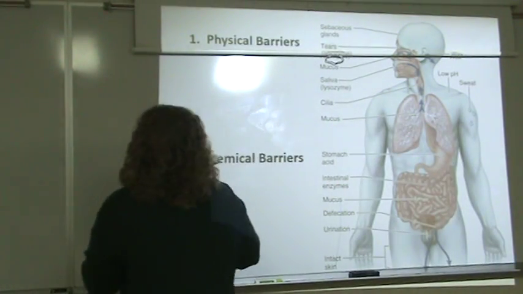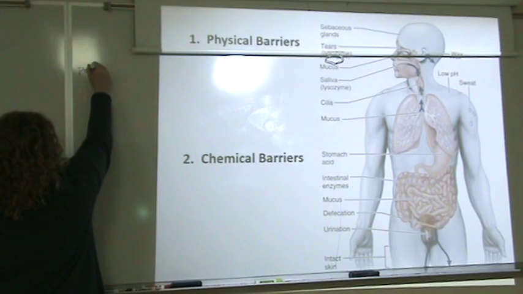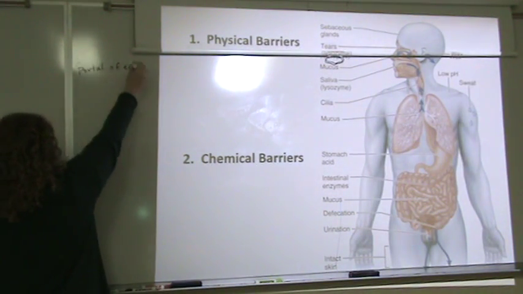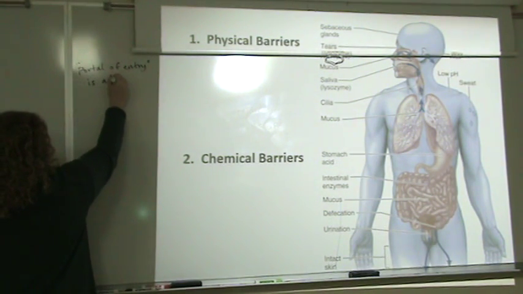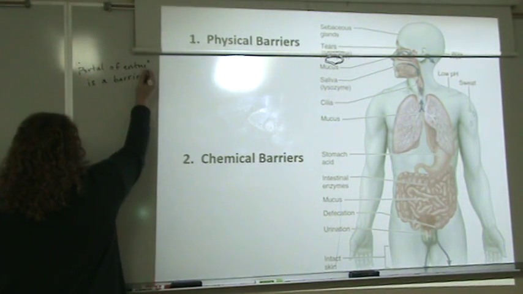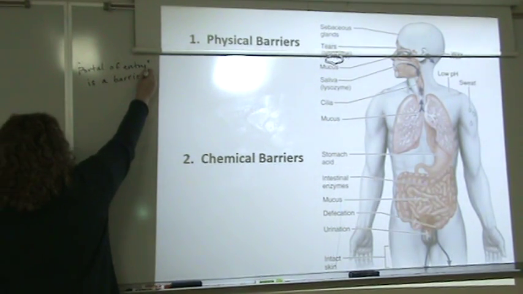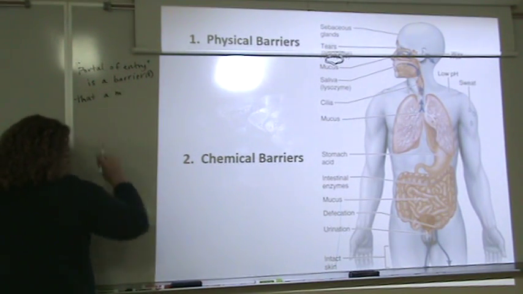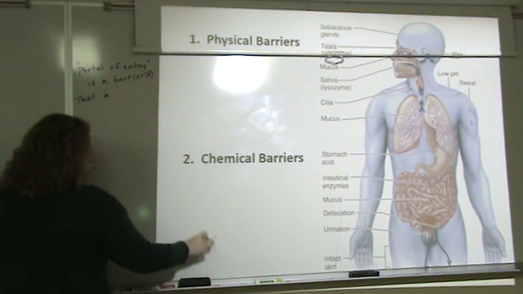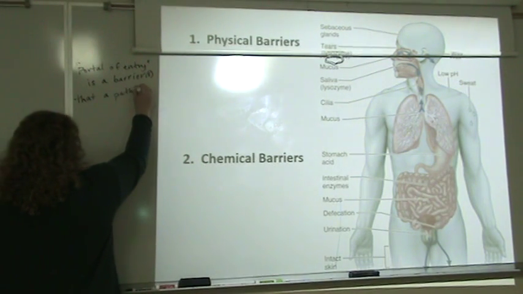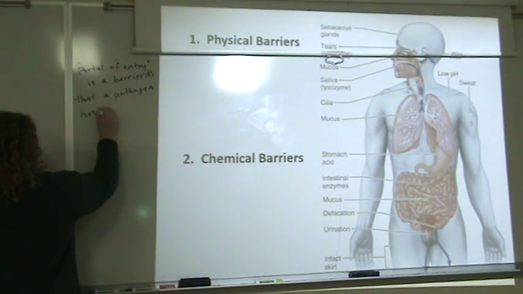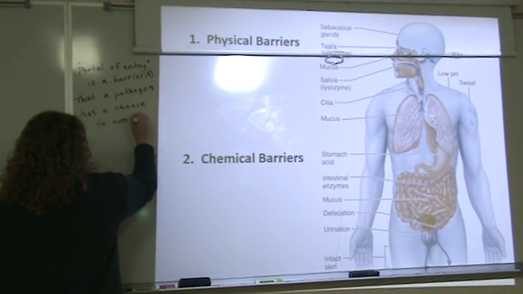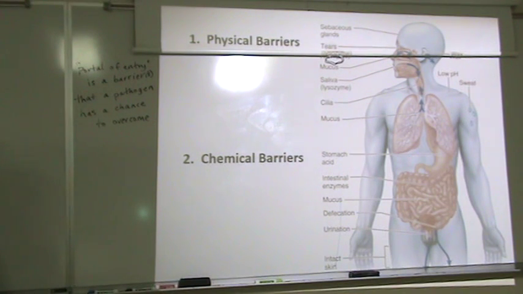So one way to think about this is if something is a portal of entry for a pathogen, what that means is that's a barrier or barriers that a pathogen could actually overcome. So the pathogen has a chance to overcome the barriers at that place, right?